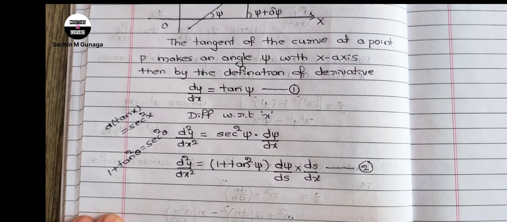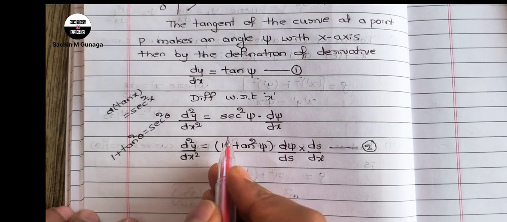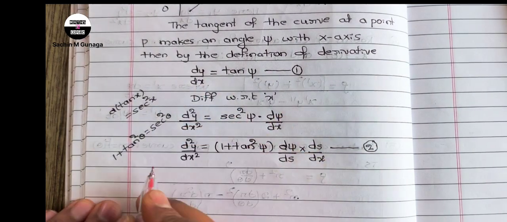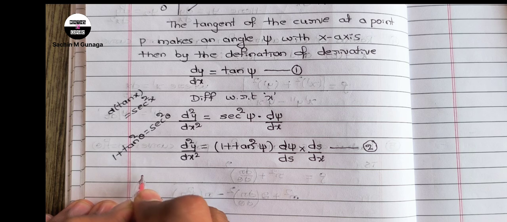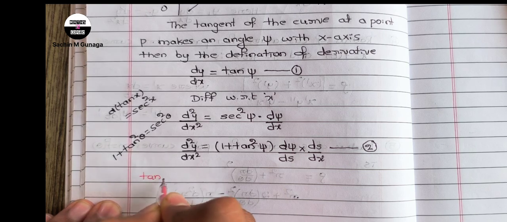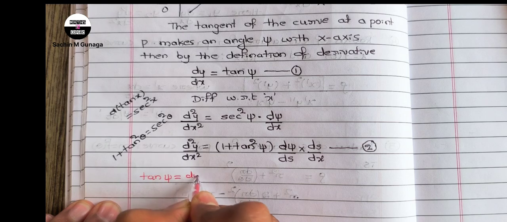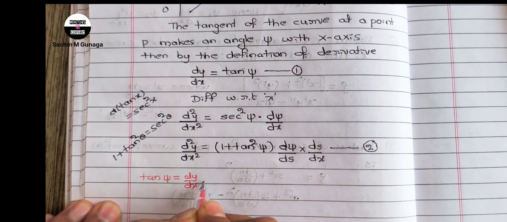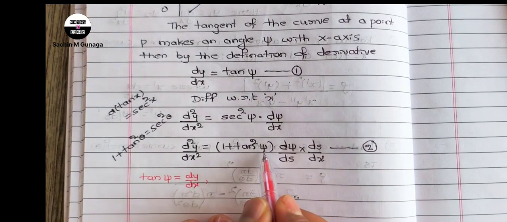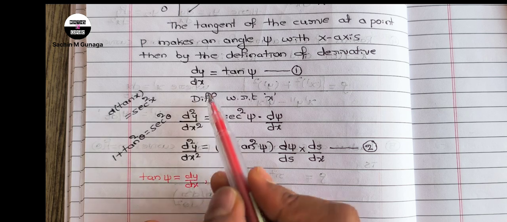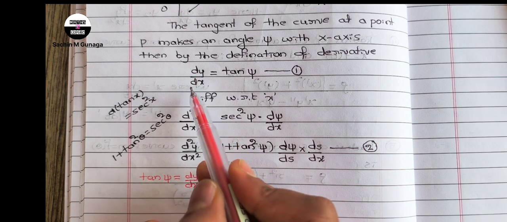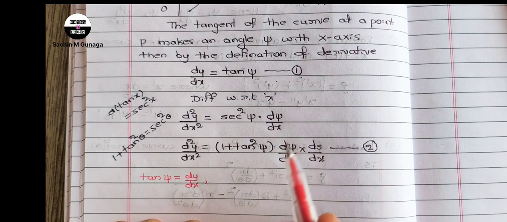Now from 1 we know tan psi is nothing but dy by dx. Correct. Here tan psi is there, that is tan psi is nothing but dy by dx.